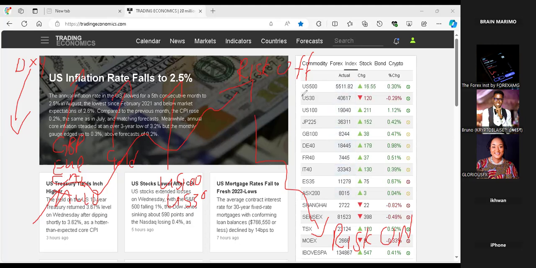So I want us, of course, to go deeper on this one. Risk on, risk off. Any questions so far? Like I said, when the central bank cuts interest rates, it devalues the currency. So the currency goes like this. And that's when we definitely say we are risk on.